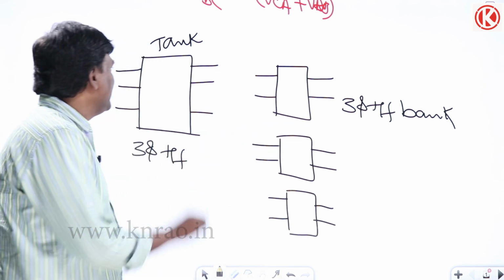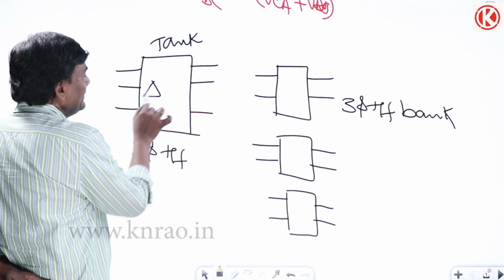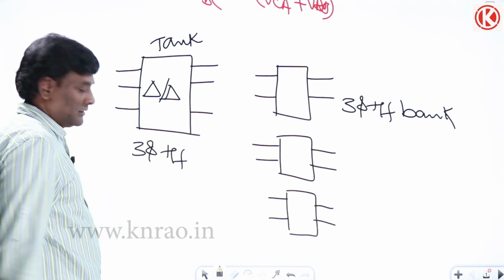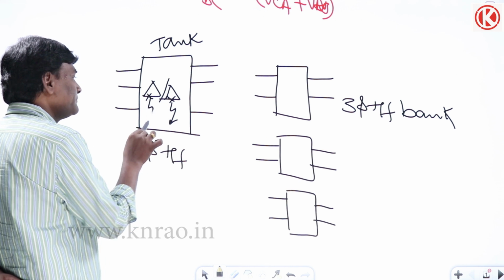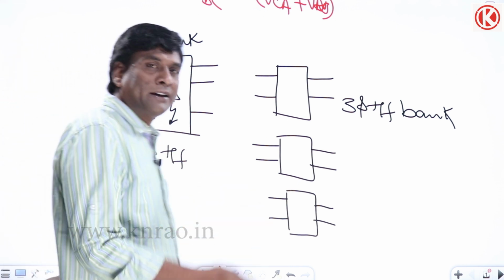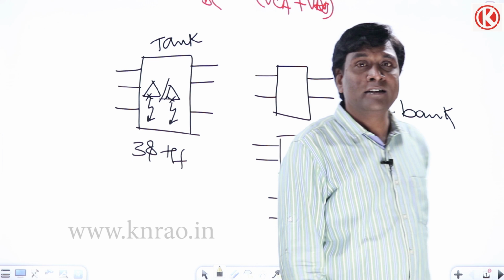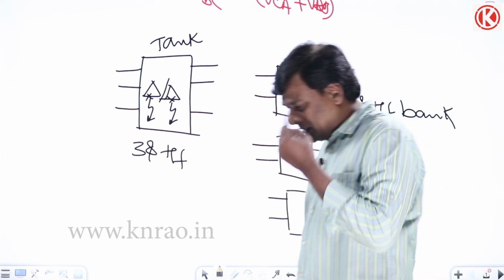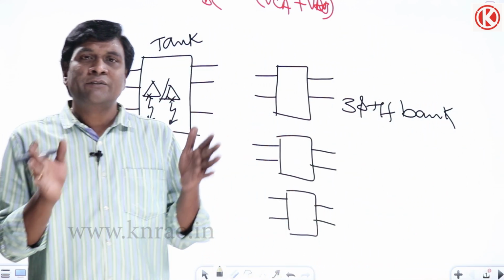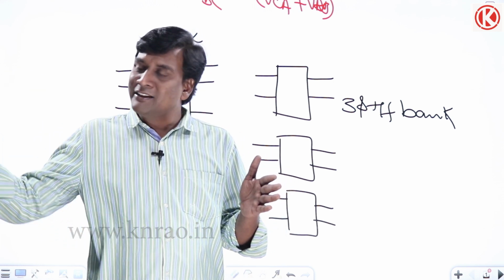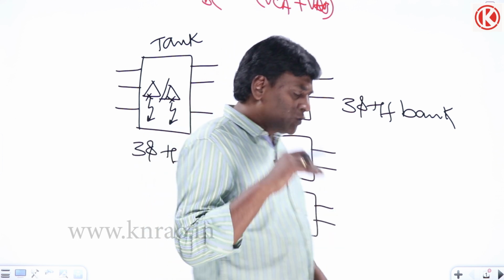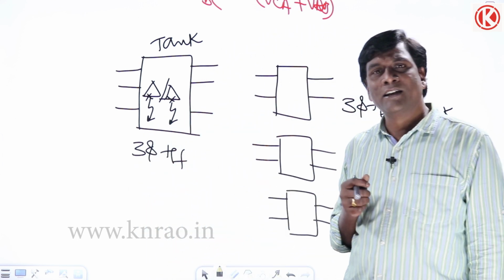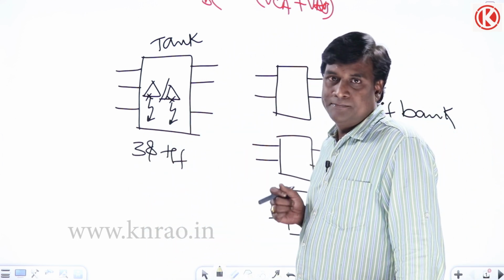For example, in this, if it is connected in delta, if one of the phase windings went to a faulty condition, some fault happened. Of course, having a fault in a transformer is very rare, because in any substation, a lightning arrestor will be at the input and at the output, so surges from outside may not enter the substation.